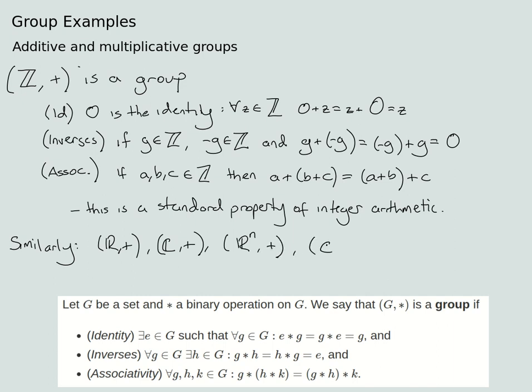And so do complex column vectors, and sets of matrices. Okay, so all these things are groups. And you'll sometimes see these called additive groups because the group operation for these groups is some kind of addition.